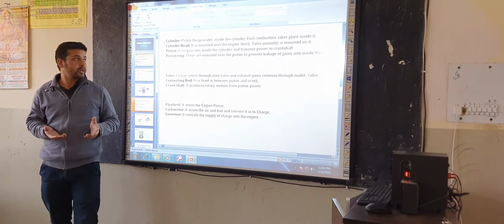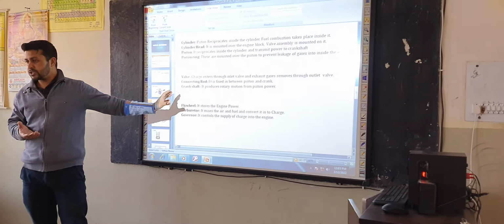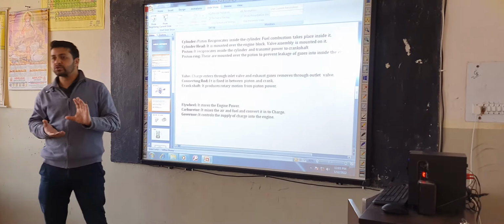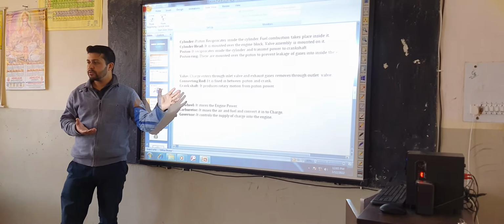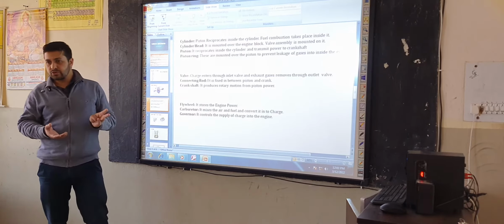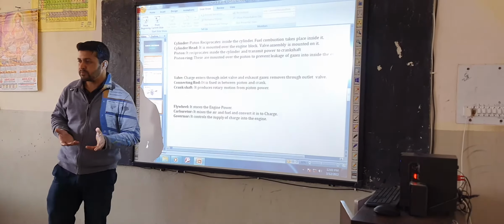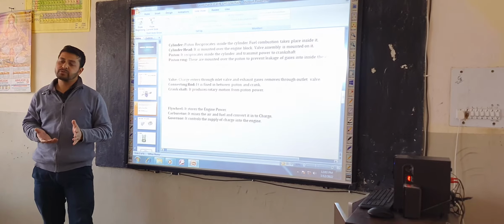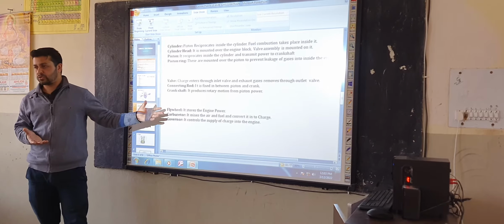And in the modern engines, piston takes 4 strokes for the combustion. First is suction stroke, second compression stroke, third combustion, and fourth one is exhaust stroke. Therefore, these all are 4 strokes.